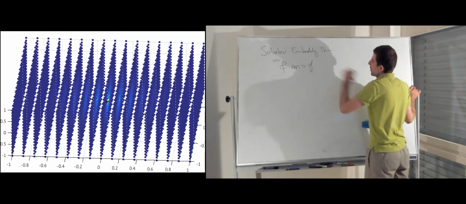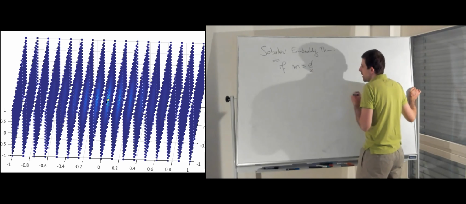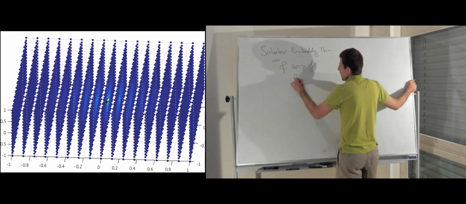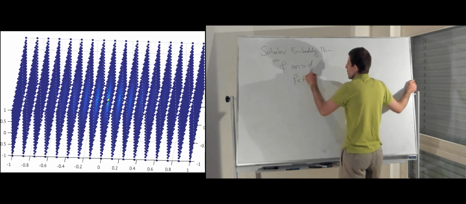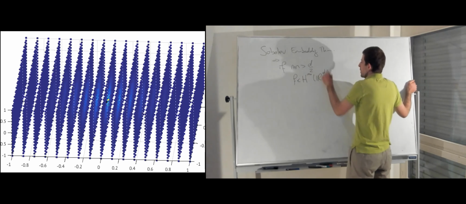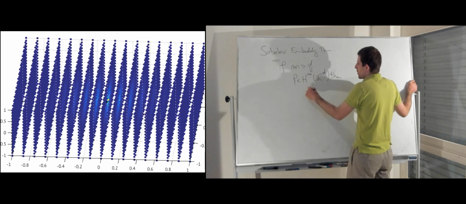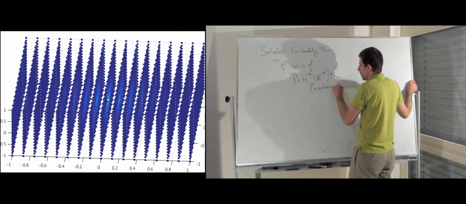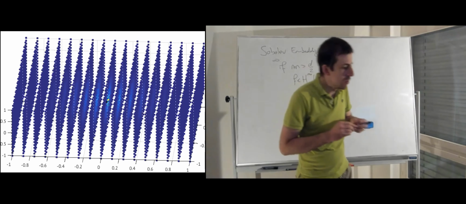If m is bigger or equal than d over 2, then we know that if f is inside H^m of R^d, then f is continuous, or essentially continuous.